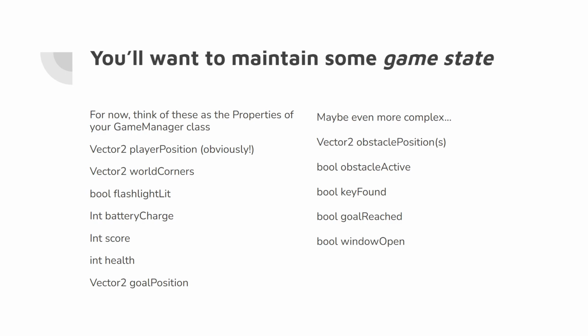So I might have 10 uses, so I'd start off at 10, and every time the player takes a turn with the flashlight turned on, it would take one of these battery charges down. I have score, maybe I have health. Every time I bump into something or bump into a wall, I subtract 1 from health because there's an electric fence, maybe. Some kind of goal position, which might be, in our case, the door over here, right?